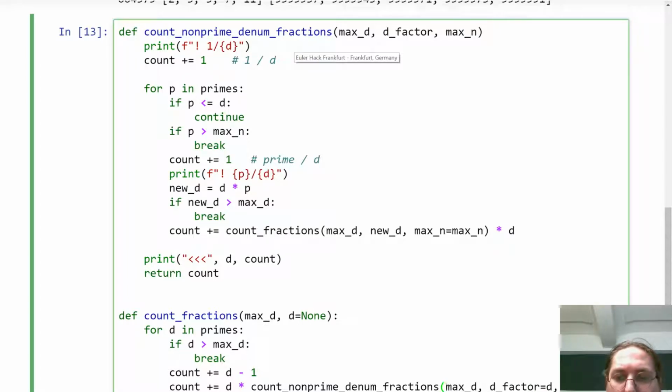If you have 7, you have 6. You fill in for all multiples of 7. You have 14, you fill in again 6. You have 21, you fill in 12. But then you go on and on.